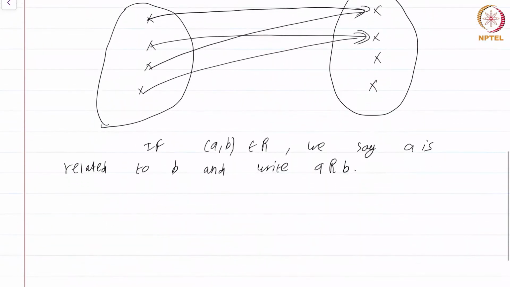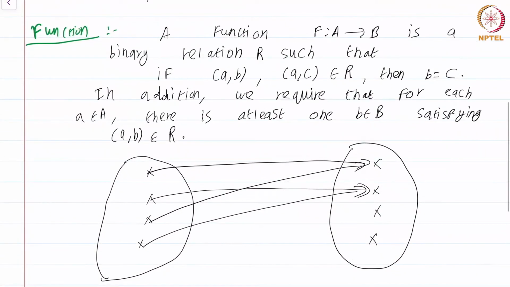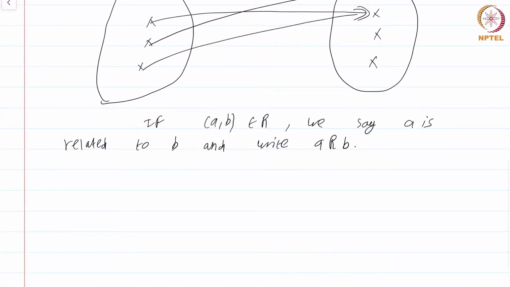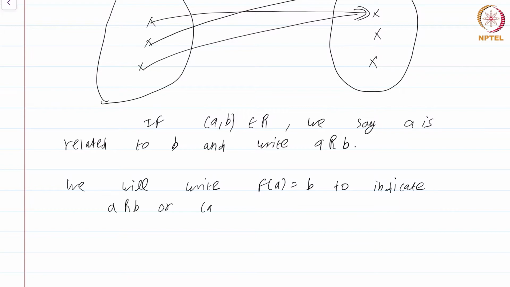So the function is written f from A to B. We will adopt a different notation for functions. We will write f of a equal to b to indicate (a, b) is an element of R when R is a function.